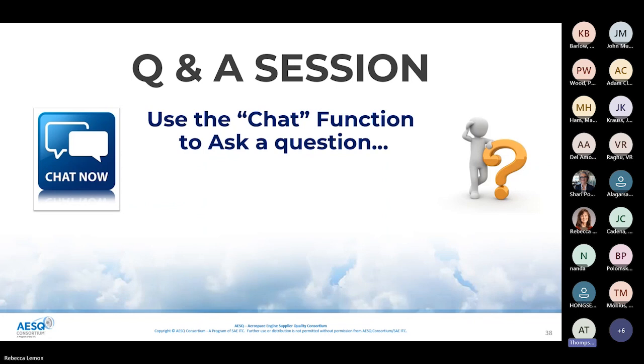Quick question. AS 13100 doesn't list an acceptable criteria for an attribute study for a minor characteristic. Does that just mean that MSA is not required for a minor characteristic for attribute data? So, yes. It is being revised.